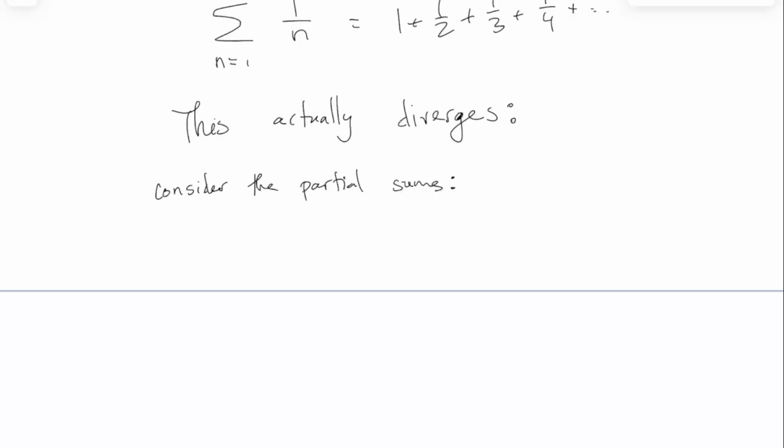The first partial sum, S1, is just the first term, which will be 1. S2 is the sum of the first 2 terms, which is 1 and a half. S3 is 1 plus a half plus a third. Actually, I'm not going to talk about S3. I'm interested in talking about S4, though. This is 1 plus a half plus a third plus a fourth.